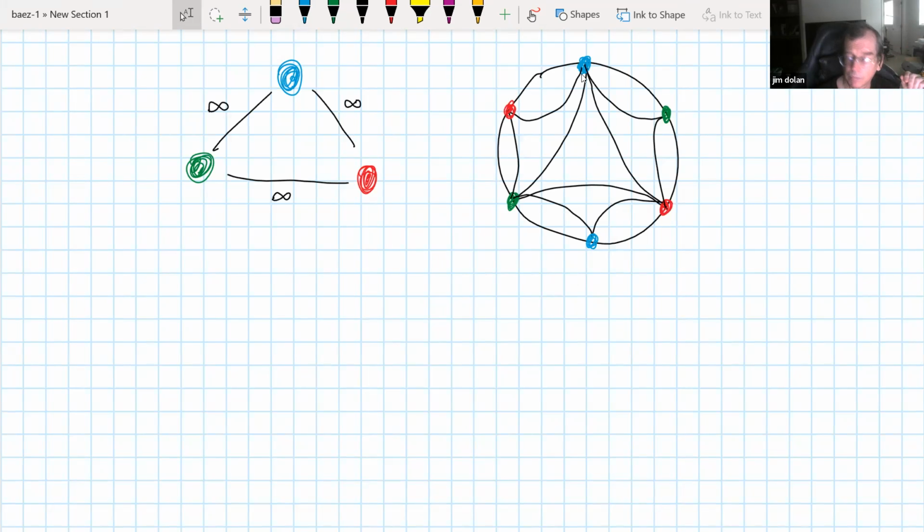For my convention, it's better to have the blues be the fiber over infinity and the reds the fiber over 1. Is that making sense? I'm not trying to get the convention right, but just the basic idea. Yes.